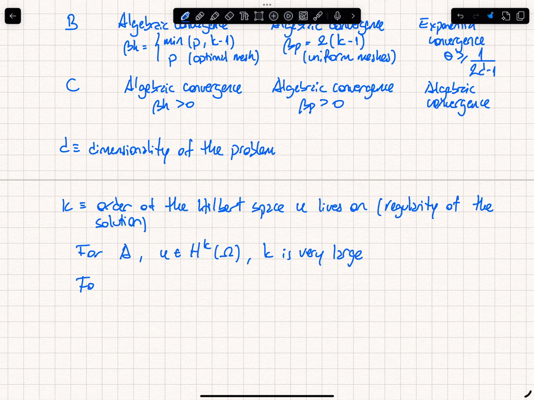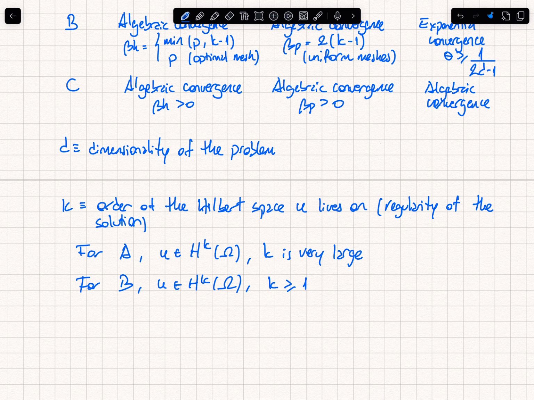But for B, we know that K is greater than or equal to 1. But you can see that it can control the convergence rate. And this is, for instance, what happens in fracture problems, right? Fracture has a singularity. You have a singularity at the crack tip.